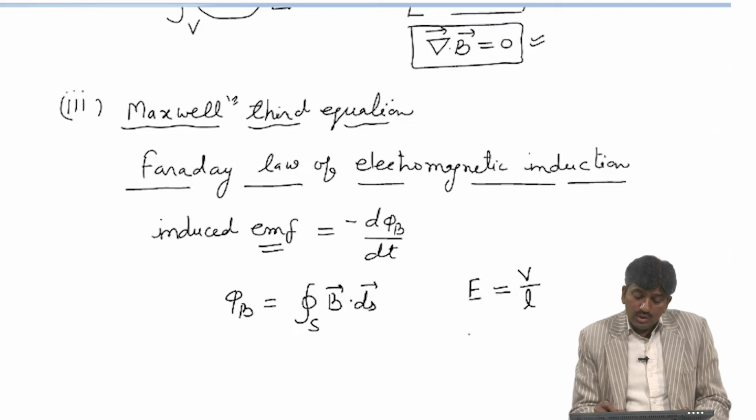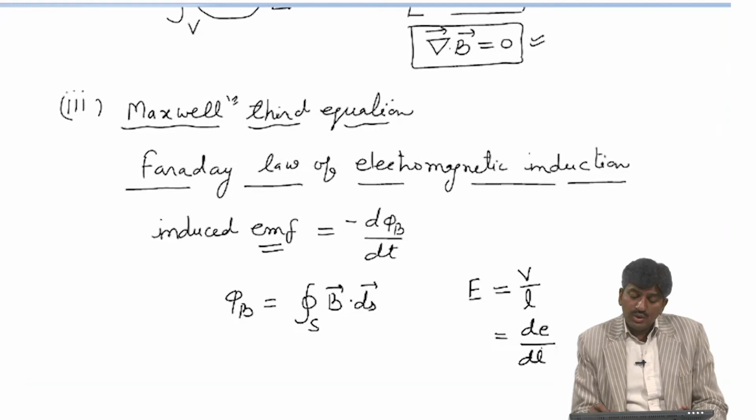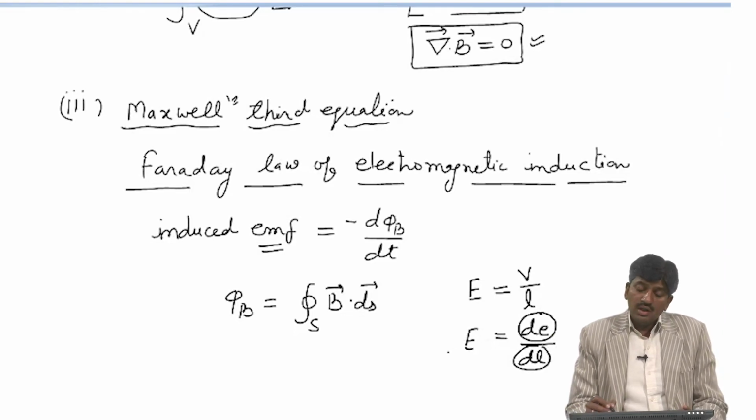Suppose there is a small potential, which is induced EMF dE, in length dl. If we take small length dl and the EMF induced due to this dl length, we can consider dE, it is also equal to the electric field.